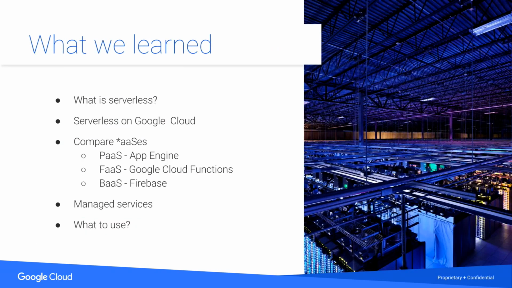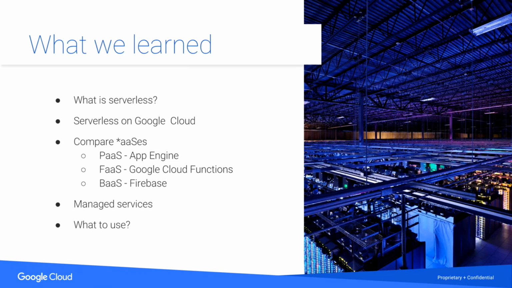So what did we learn? Today we learned what serverless is, and what serverless is on Google Cloud. We took a look at X as a service: platform as a service, functions as a service, back-end as a service. And we took a look at other managed services that Google Cloud provides.